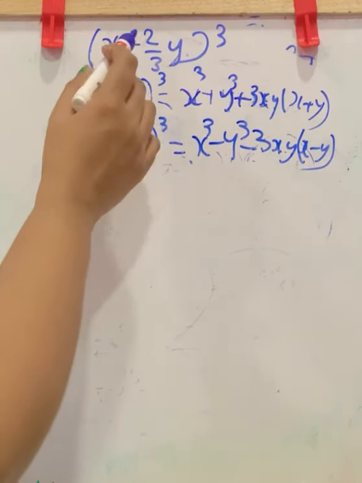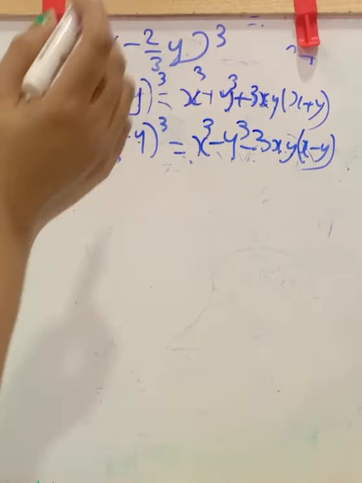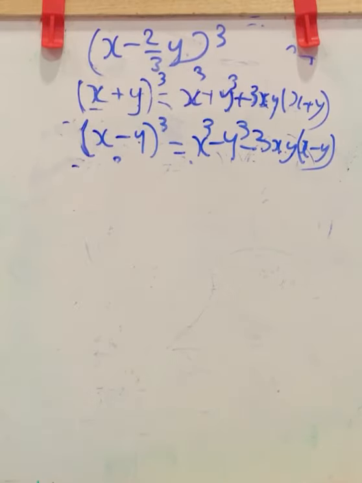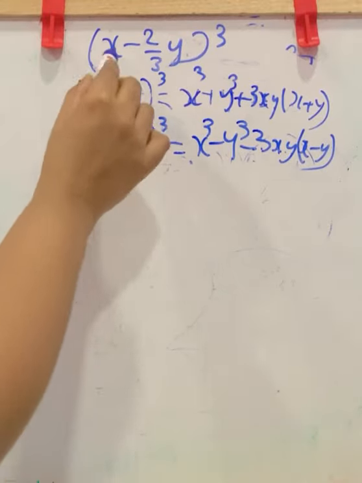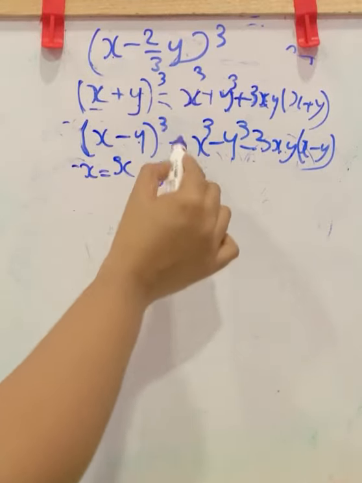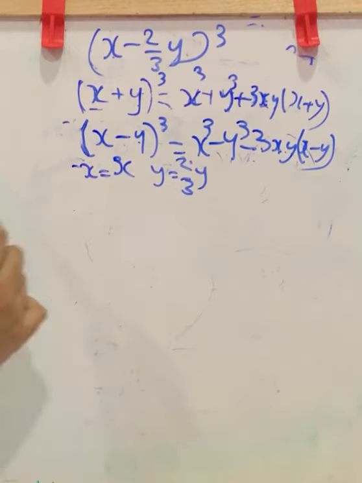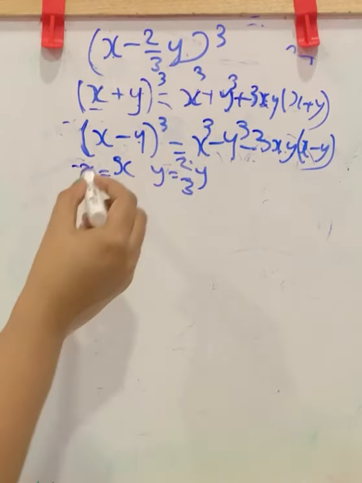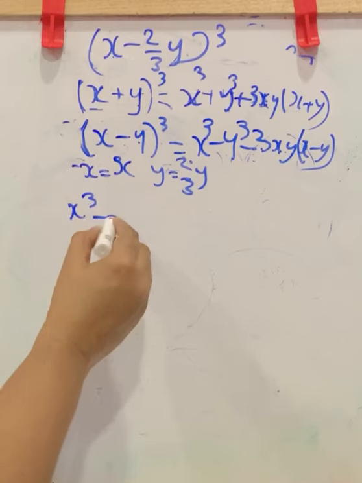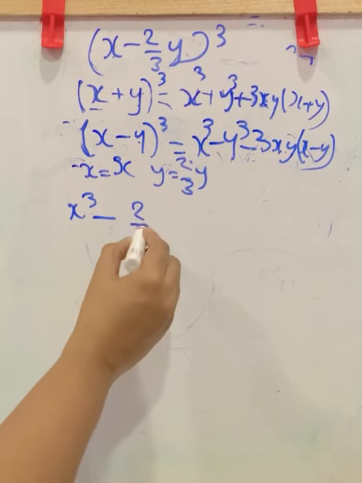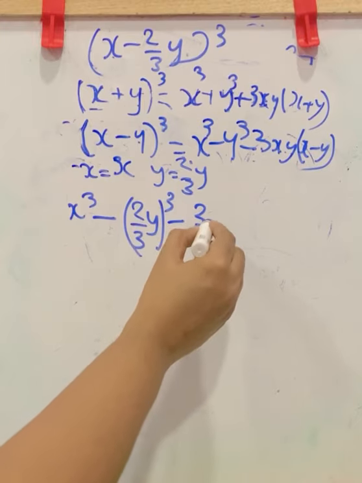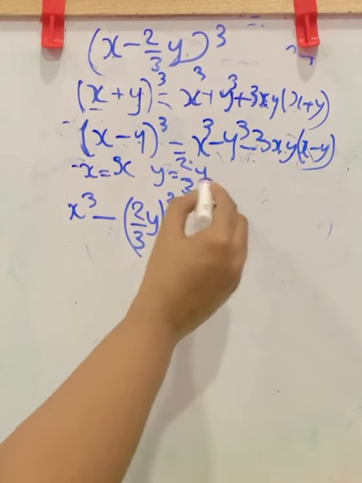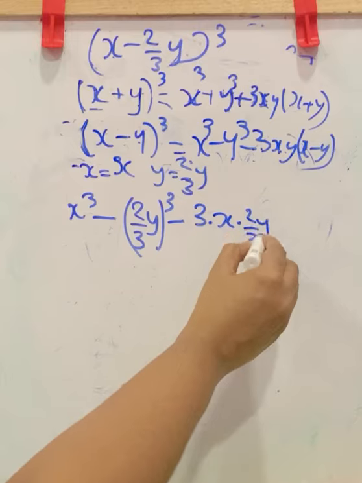Next is x minus 2 by 3 y whole cube. That is x minus y whole cube. Expansion is this. Here x is x itself but y is 2 by 3y. Now substituting here x cube, that is x cube minus y cube, that is 2 by 3 y whole cube minus 3 into x is x into y is 2 by 3 y.